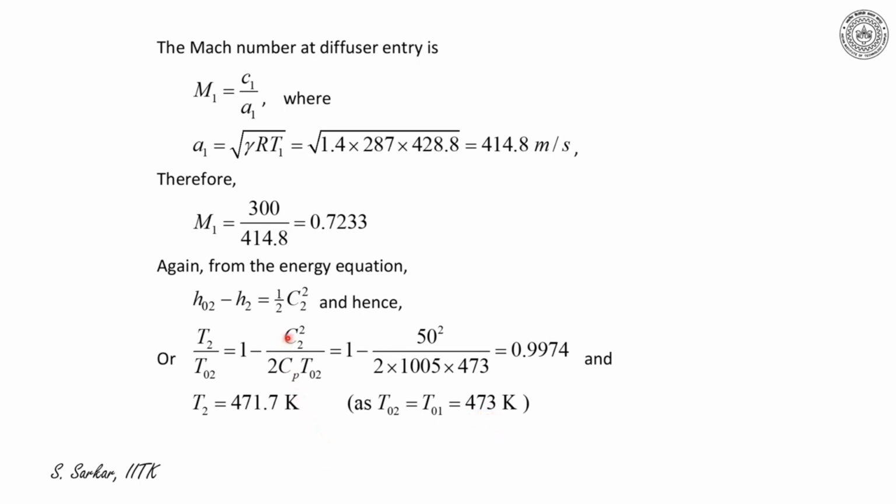C2 is equal to 50. Thus T2 divided by T02 is equal to 1 minus 50 square divided by 2 into 1005 into 473. If you evaluate that, you will get 0.9974, and hence you can get T2 as 471.7 Kelvin.